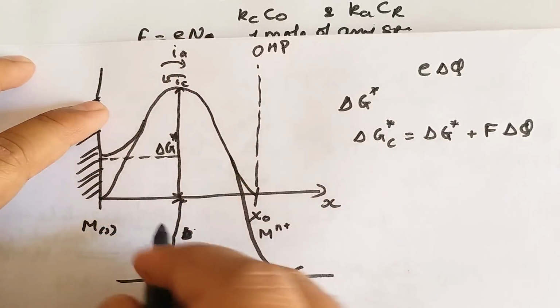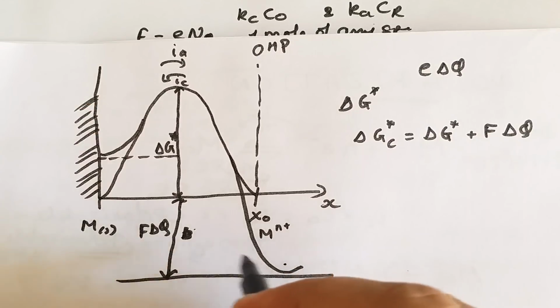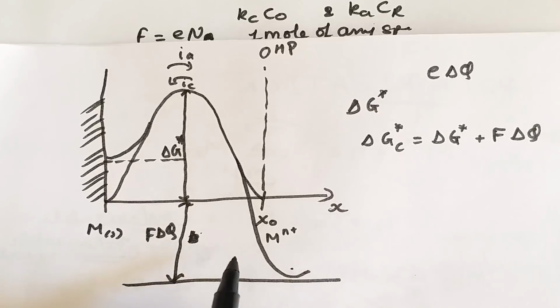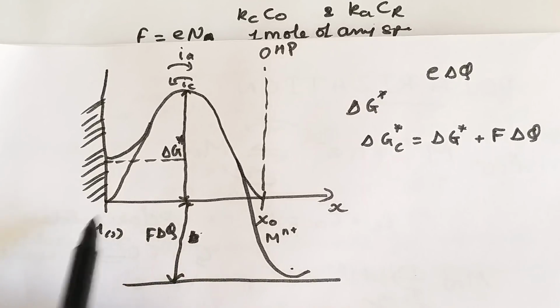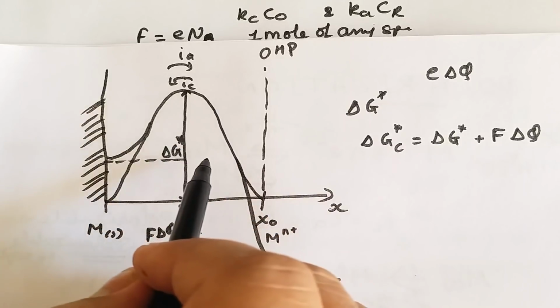So this F delta phi is the increase in the work, and also the condition is that our metal ion has not taken up the electron totally and reached over here, but it is somewhere in the middle, in the path of transit.